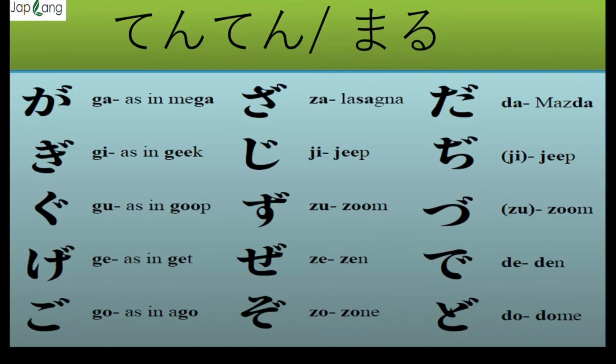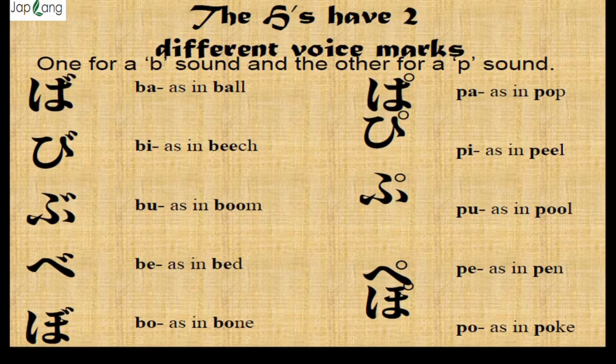Da, ji, zu, de, do. Ba, bi, bu, be, bo. Ba, bi, bu, be, bo. Pa, pi, pu, pe, po. Pa, pi, pu, pe, po.